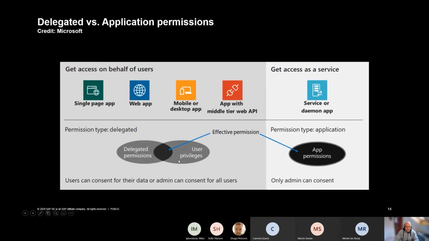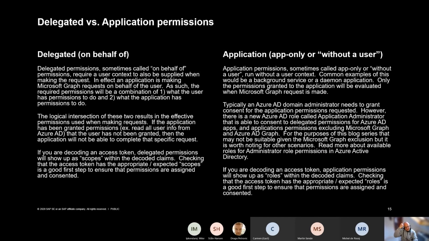So user privileges also need to be combined. Whereas with an application permission it doesn't matter, because there is no user, and that's why it per se has access to the whole mailbox, to all the mailboxes actually.